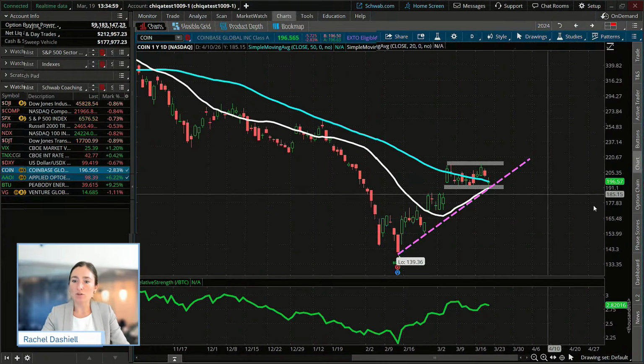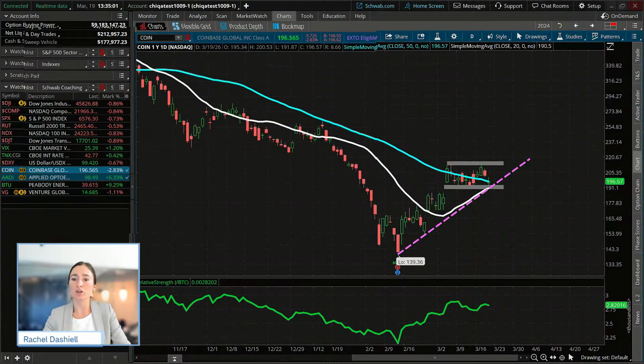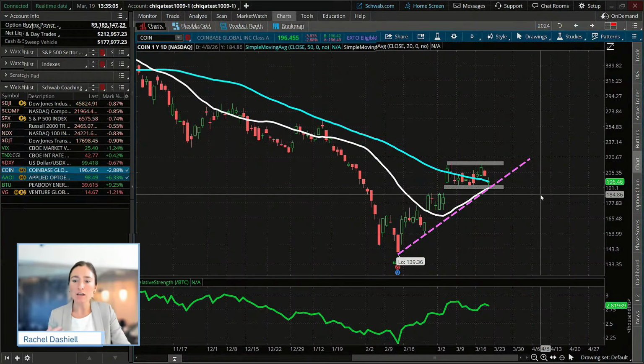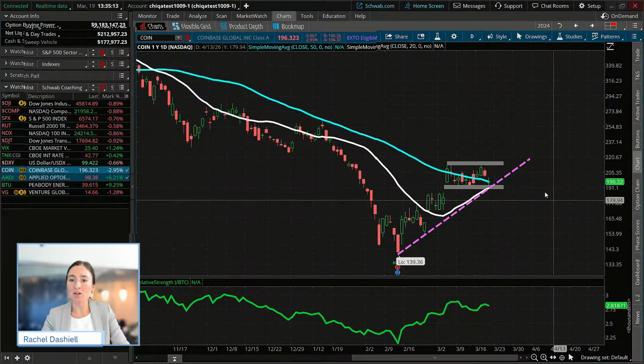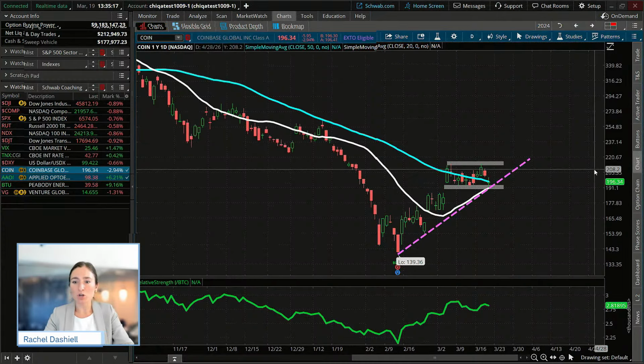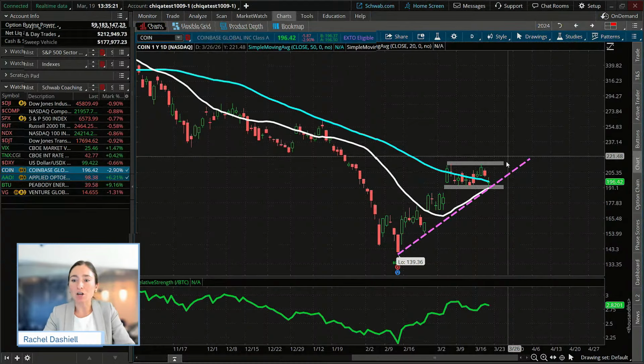So with this one, we're going to take a little bit more of a neutral trade, a little bit more of this range that we're seeing here, and maybe just do more of a time-based, more of a volatility-based type of setup. So what I'm going to look at, since this is just over a very short term, we're going to look very short term with this trade, and we're going to trade an iron condor.